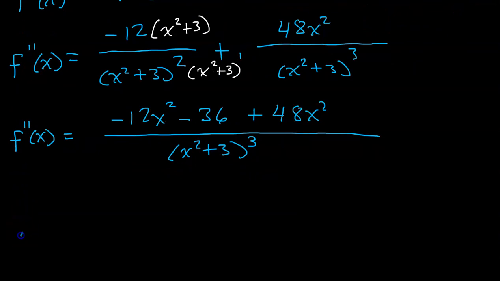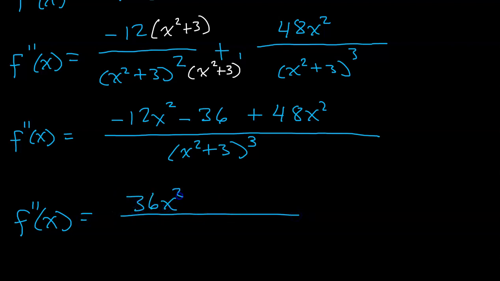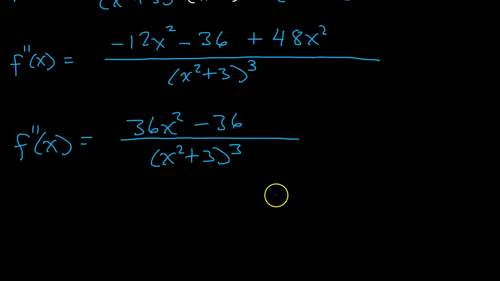So I'm going to end up with f double prime equals 36x squared minus 36 over (x squared plus 3) cubed. You know what, just for fun, I think I will factor out the GCF.